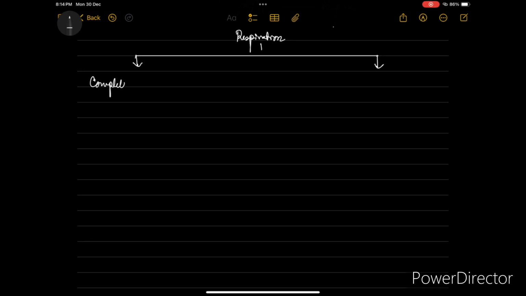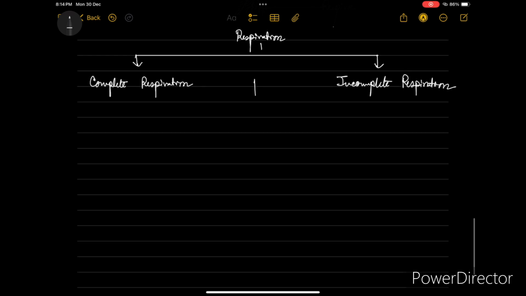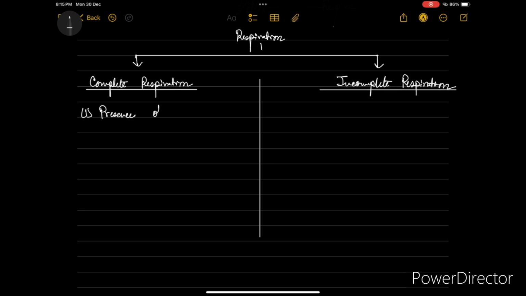Respiration is basically of two different types. The first type is complete respiration, and the second type is incomplete respiration. Complete respiration occurs in the presence of O2, whereas incomplete respiration generally, or always, occurs in the absence of O2.